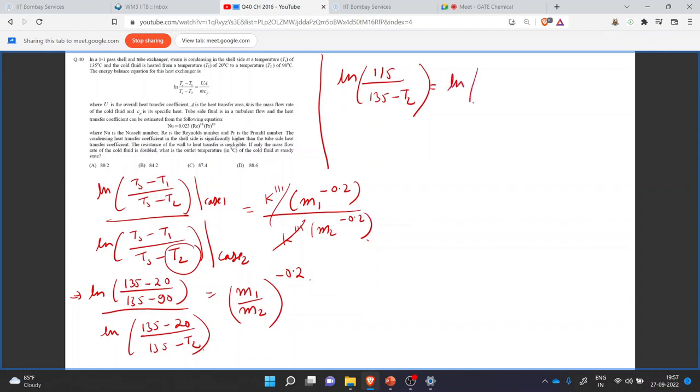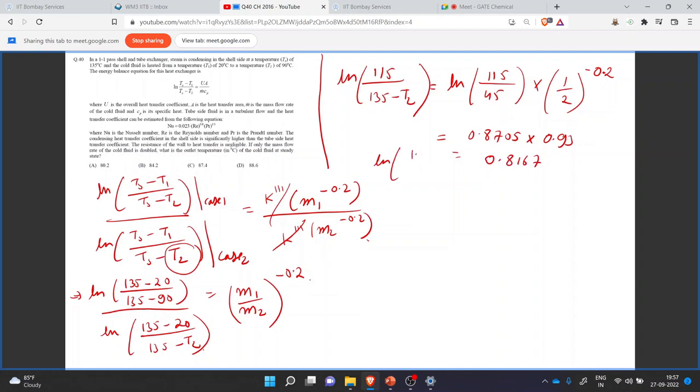So this term will become ln of 115 upon 45, into 1 by 2 raised to minus 0.2, which is 0.8075, and this will become 0.93, so this term will become 0.8167. That is, ln of 115 upon 135 minus T2.